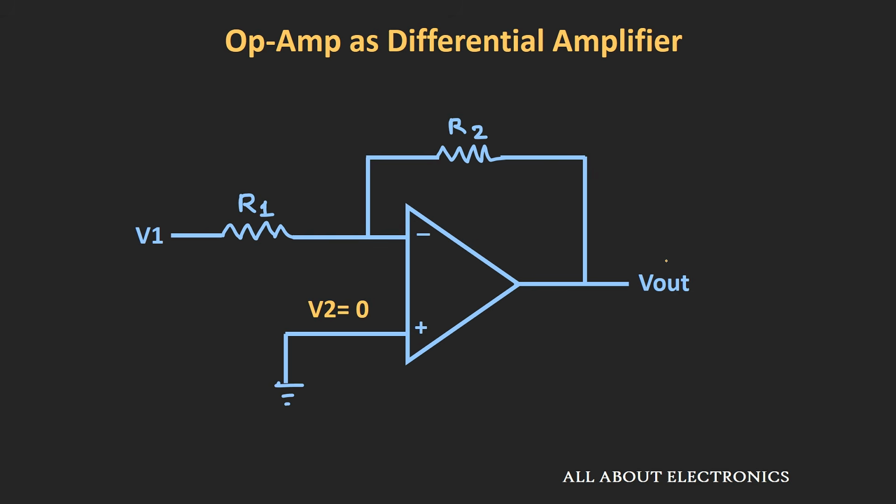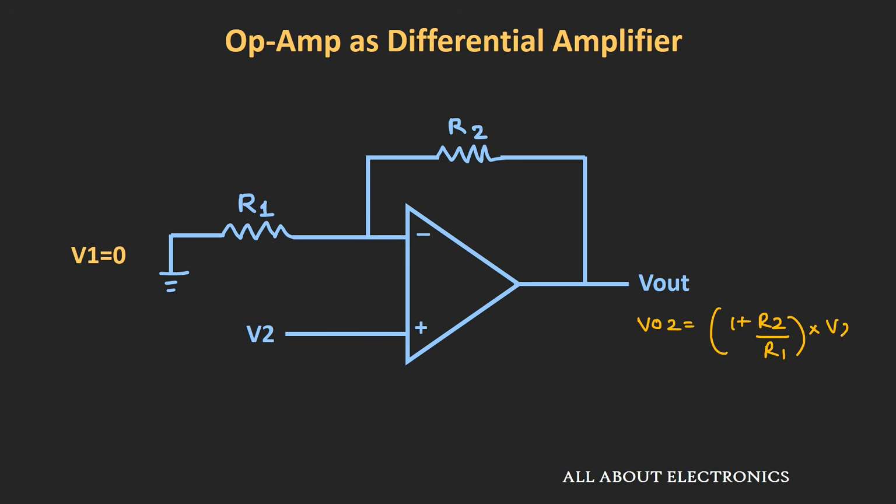First we will consider V2 as 0 and assume that V1 is acting alone. Let us say in this configuration the output voltage is VO1. This output voltage VO1 can be given as minus R2 divided by R1 times the voltage V1, as it is the inverting configuration. Similarly, if V1 is 0 and V2 is acting alone, then our output voltage VO2 will be equal to 1 plus R2 divided by R1 times V2.